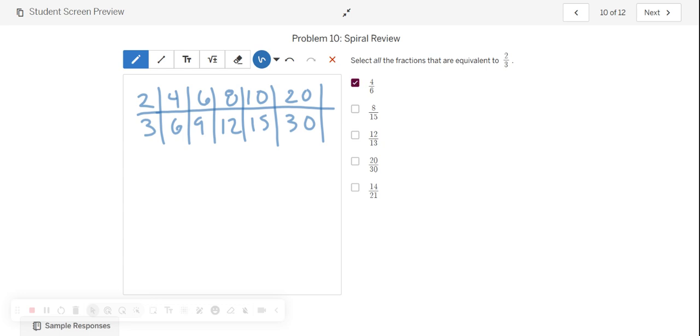No, it would have been 8/12ths. 12/13ths? No. 2/3 would have been 12 over 18. I multiply by 6, multiply by 6. Not that one. Definitely 20/30ths. To get to 14, I do 2 times 7 is 14. 3 times 7? Oh yeah, it's totally 21. There we go. So it'd be those ones right there.